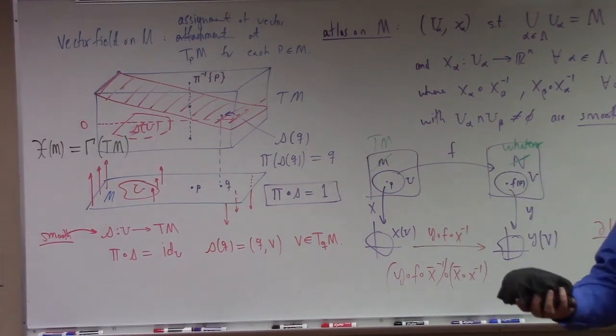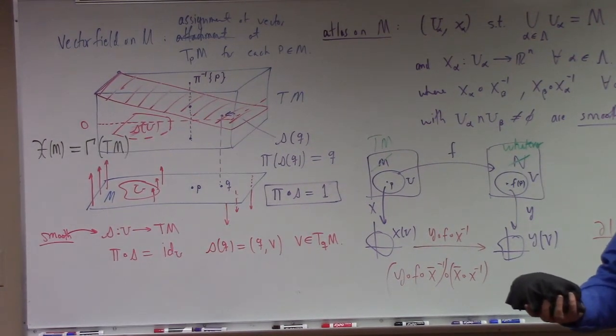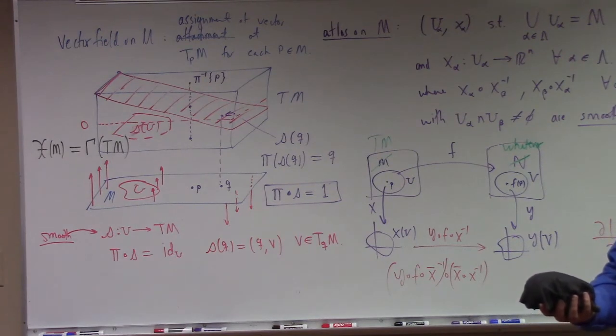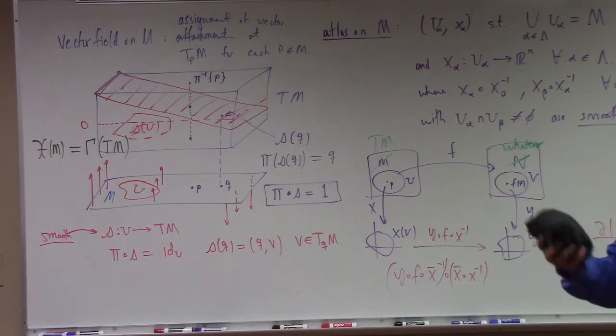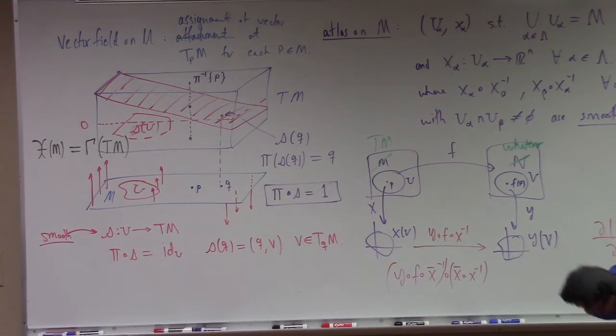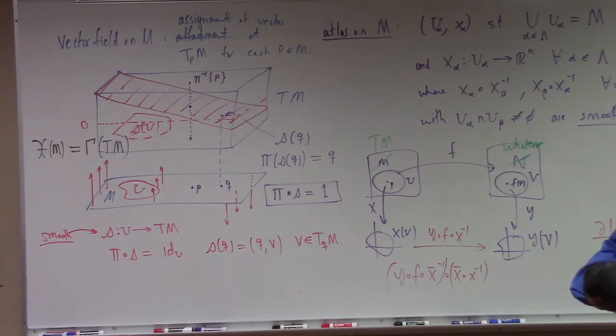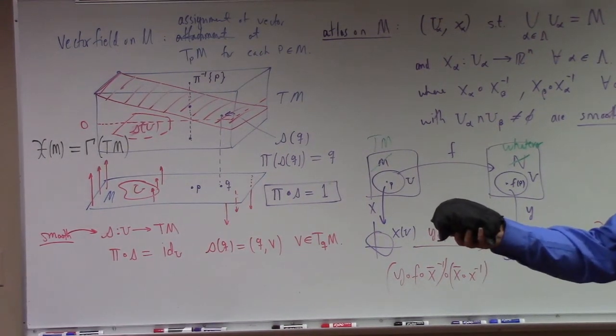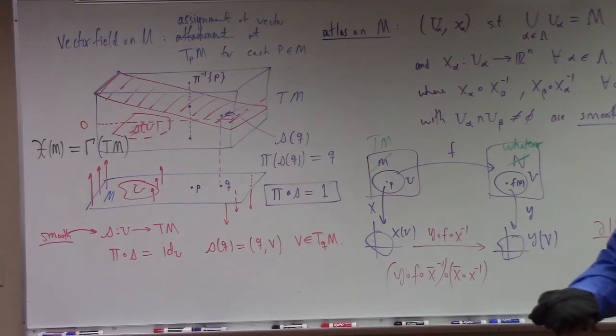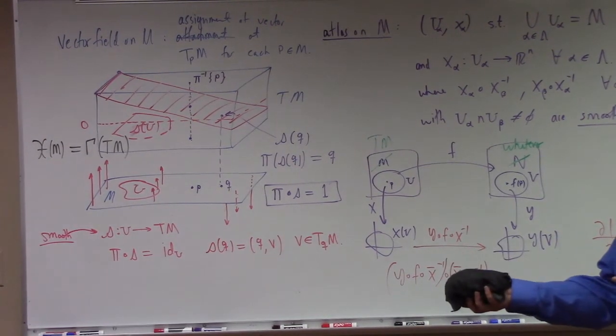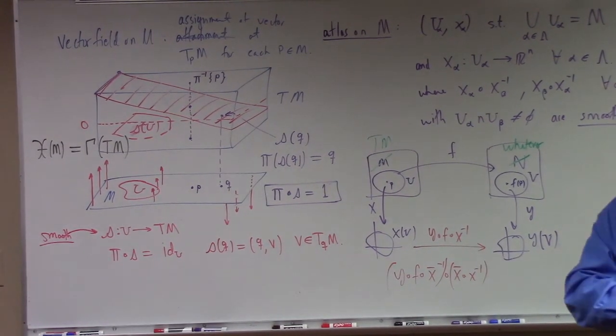Okay, if you've got a coordinate neighborhood, what's a section? How about s of p is equal to (p, partial x1)? Right, just use the coordinate vector field. That gives you a section. So if you had a global coordinate system on your manifold, you could do something like (p, partial x1). That would be a global section.